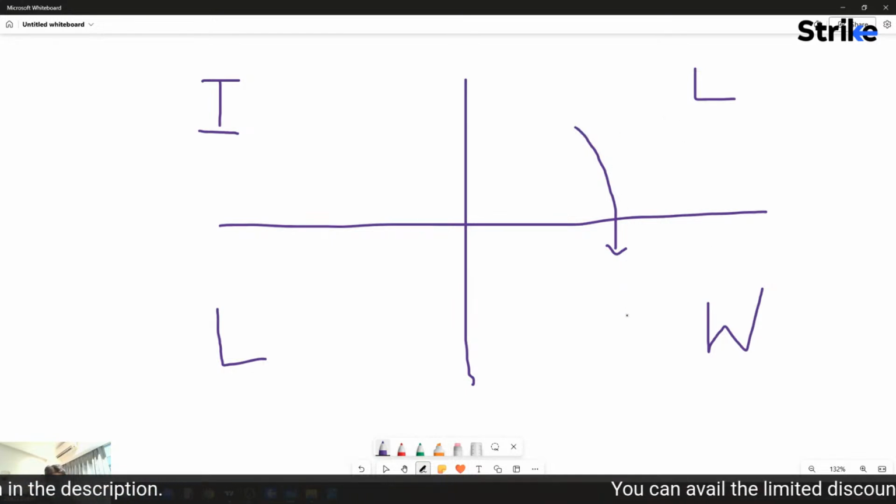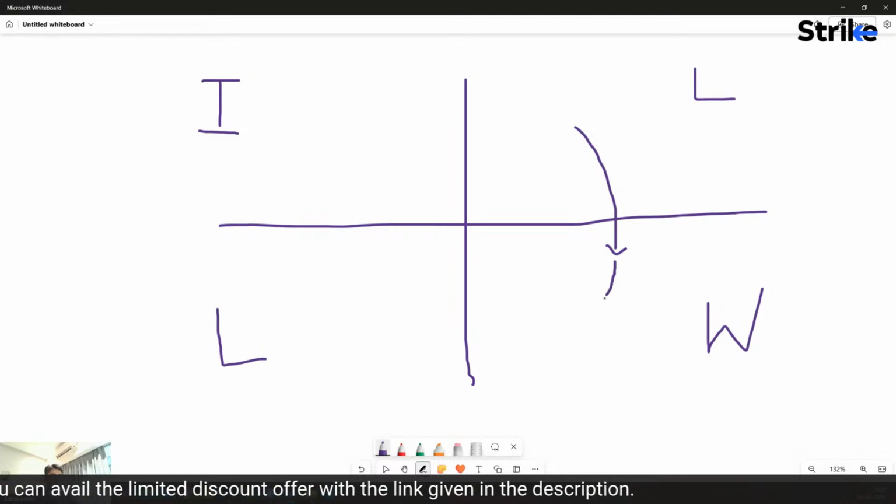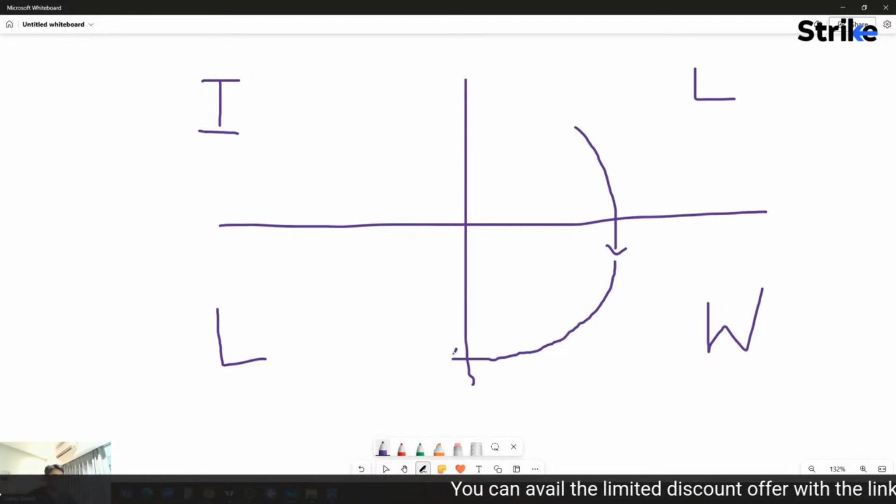So if it is sloping southwards, the momentum is losing. And if the momentum keeps on losing, it will start underperforming the benchmark. And if it starts underperforming the benchmark, the direction will change towards the west.